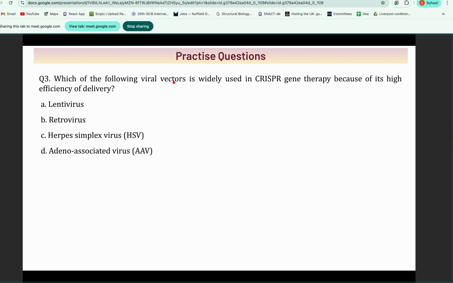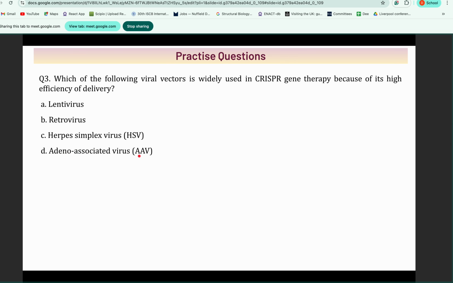Next question is, which of the following viral vectors is widely used in CRISPR gene therapy because of its high efficiency of delivery? Option A is lentivirus, option B is retrovirus, option C is herpes simplex virus, and option D is adeno-associated virus.